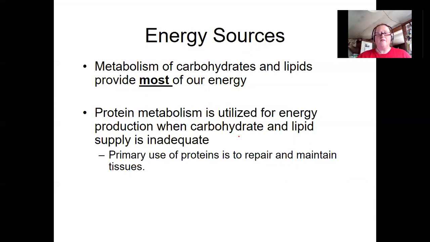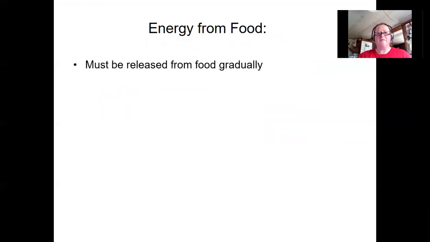Proteins are mainly used to make molecules in the body that help keep you alive. So I mentioned that metabolism, or the combustion reaction of glucose, has to be happening gradually.